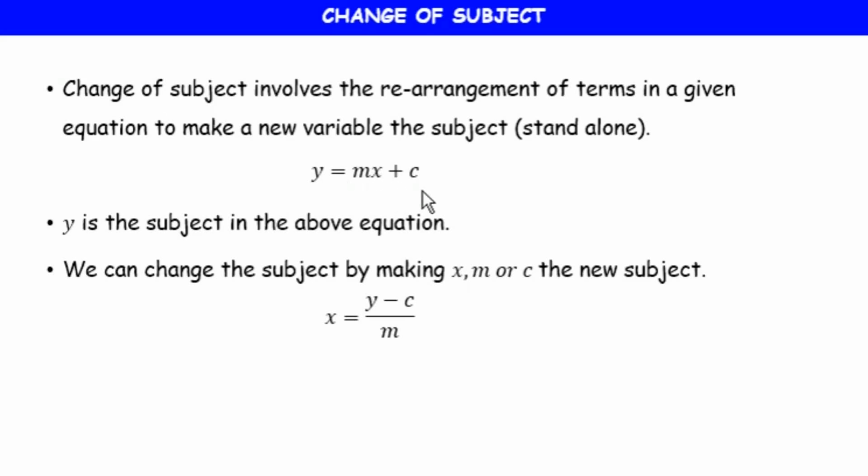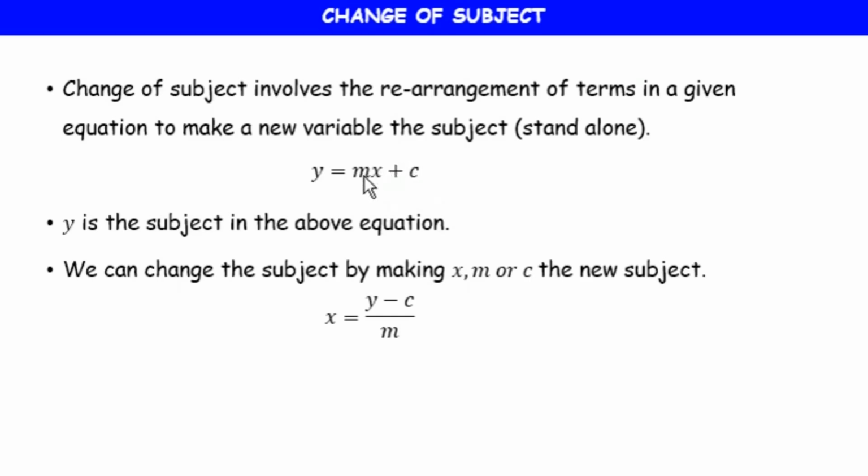And when we talk of subject, based on your knowledge of the English language, when we say this is the subject of a sentence, what are we talking about? We are saying that it is what the sentence is expressing, or what the sentence is talking about or referring to, right? So here y is equal to mx plus c.